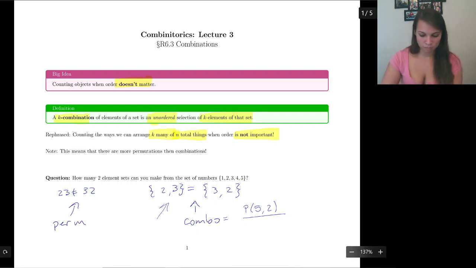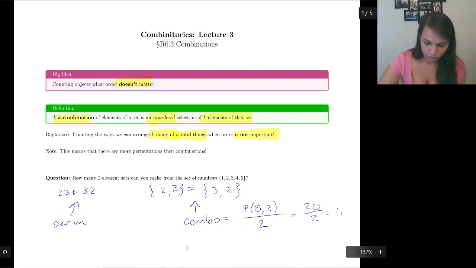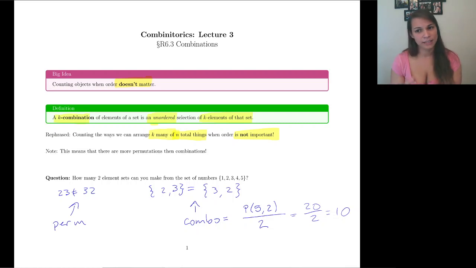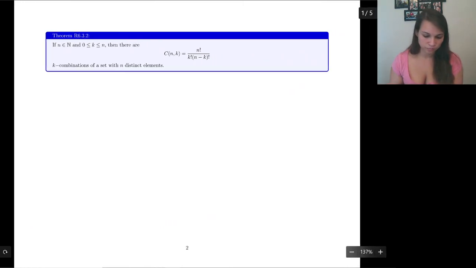When I pick 2, I have 2 ways to arrange them, and so everything is going to be counted twice when we're thinking about combinations. Here we get 2, here we get 1. So if I just divide the number of permutations that I had in half, that's 20 over 2, we get 10 combinations. We're going to use this exact reasoning now to prove a more generalized result.